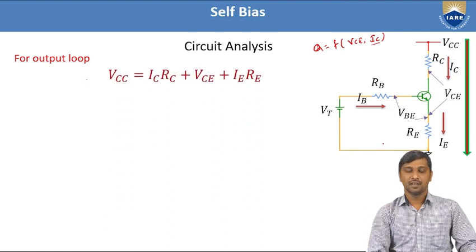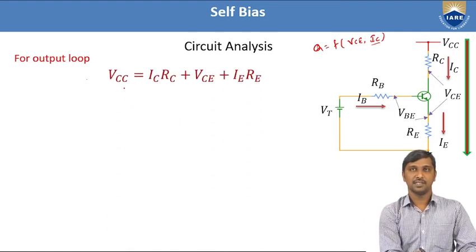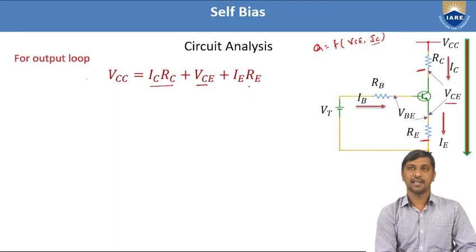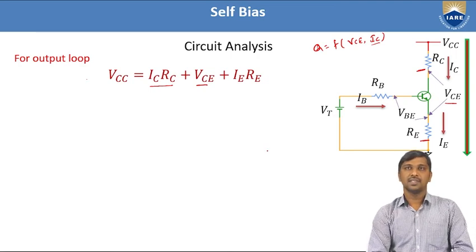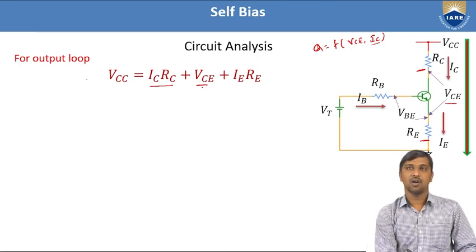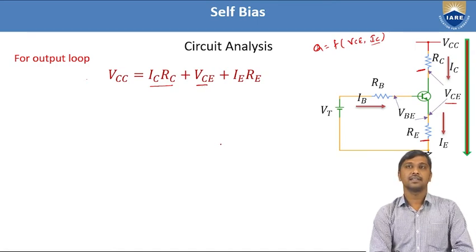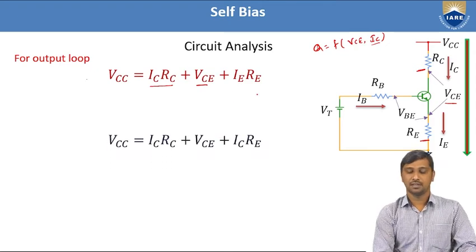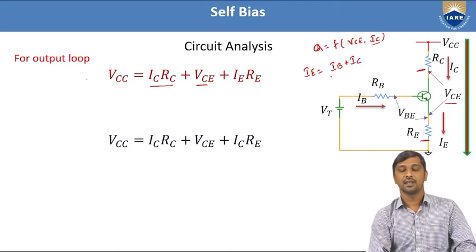That is the KVL loop equation: VCC equals the voltage drop across RC, along with VCE, along with the voltage drop across RE. From this relation, we need to determine how much output voltage VCE is generated between collector and emitter. Before that, we know that based on the transistor construction, IE is the summation of base current and collector current.